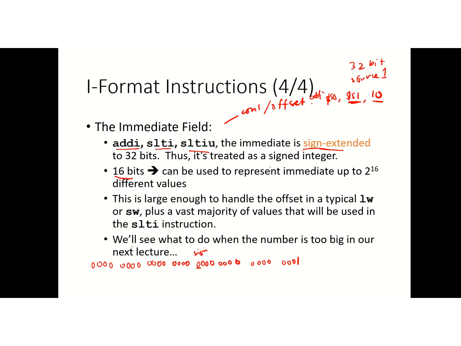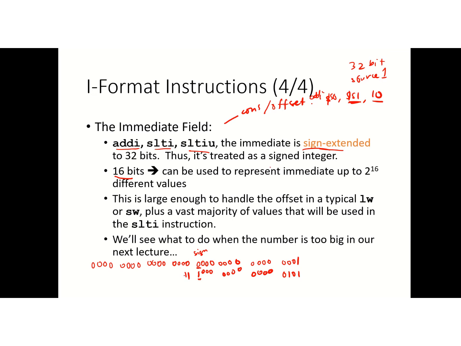Now if they sign extend, and the sign is 1 here, like 1000000000000101, that tells us this is a negative number.